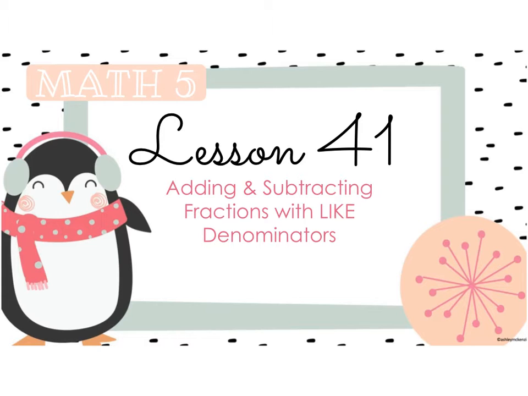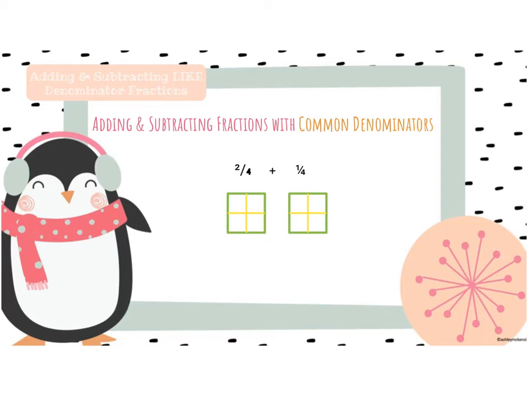We're starting out with like denominators, and what that means is that my denominators are the same. If we call them like denominators, it means that they match. So if I have common denominators, what do you think a common denominator is? Yes. If you're adding two fractions, then if it's a common denominator, both denominators are the same.